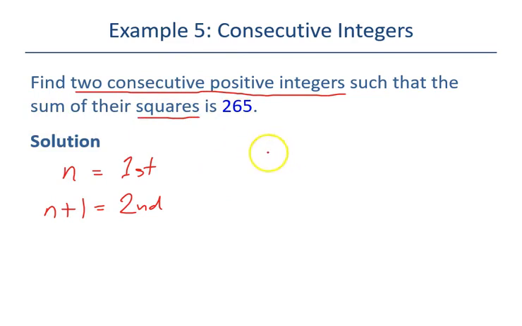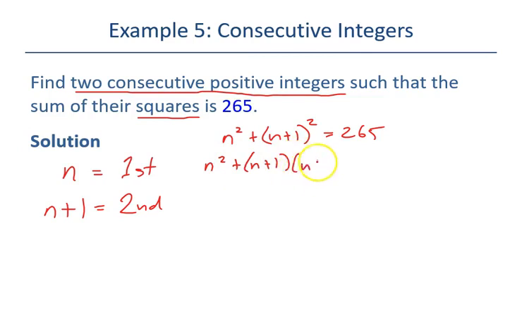So what this is saying is I need to find something that looks like this: n squared plus n plus 1 squared equals 265. Well, we saw one just like this almost at the top. So I'll go ahead and write this as n squared plus n plus 1 times n plus 1 equals 265.